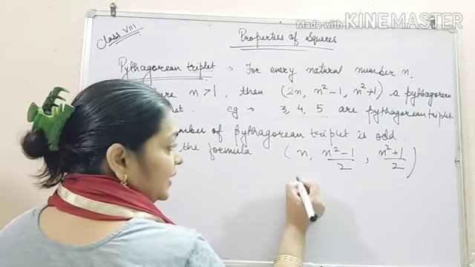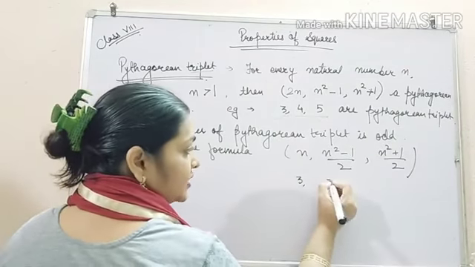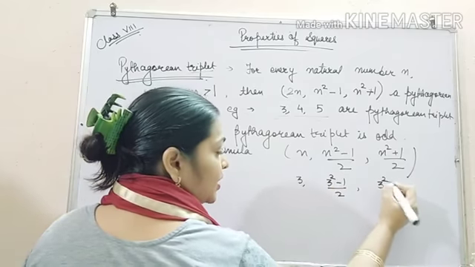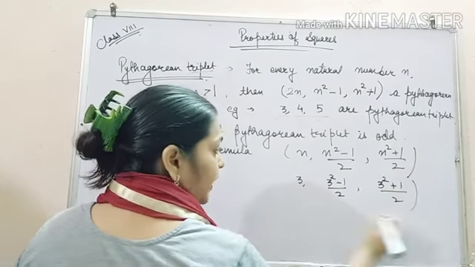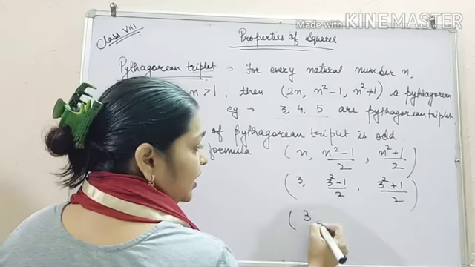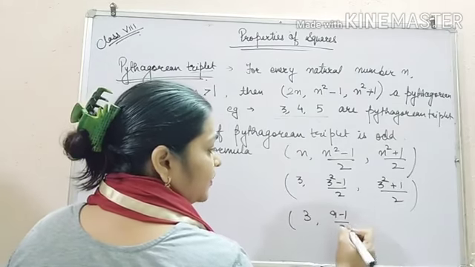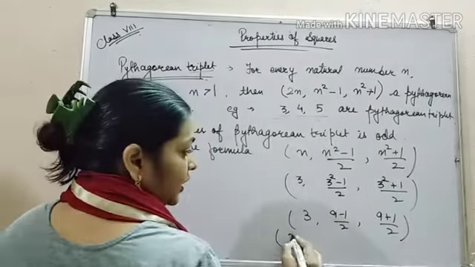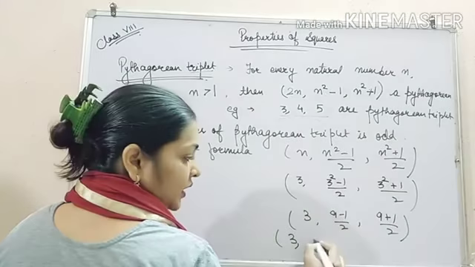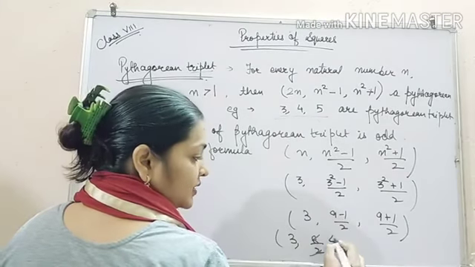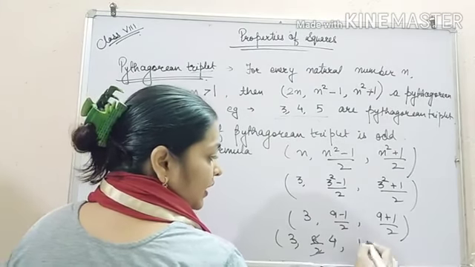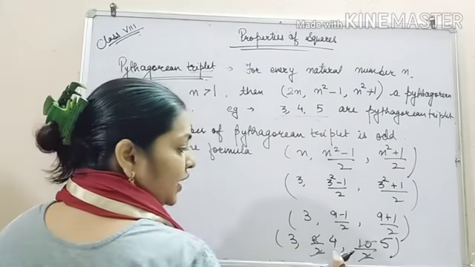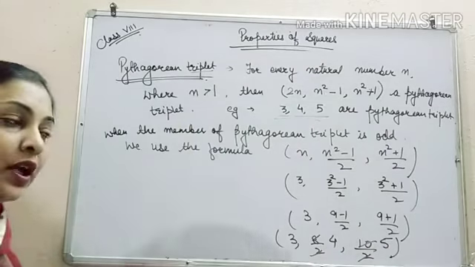See, n is equal to 3. 3 square minus 1 by 2, 3 square plus 1 by 2. It is 3, 9 minus 1 by 2, 9 plus 1 by 2. It will be 3, 9 minus 1, 8 by 2, that is equal to 4. And it will be 10 by 2, that is equal to 5. So we get the numbers 3, 4, 5.